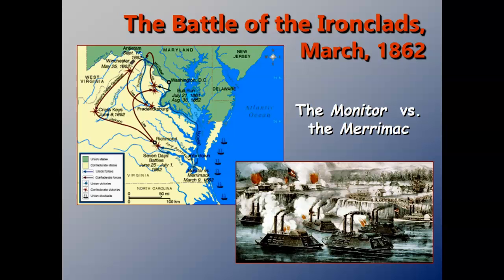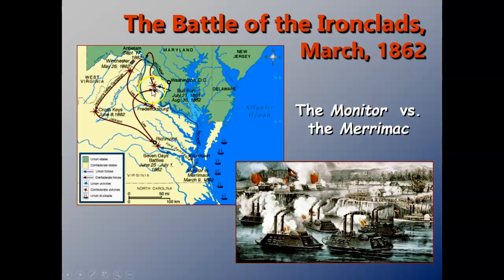There's a lot of fighting in this particular area over the next few months. There are actually naval battles between ironclad ships in the river systems up through here. So there are several major battles that are going to be fought here.